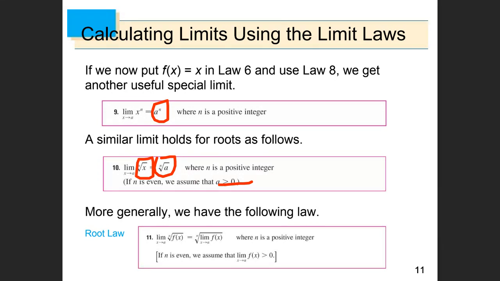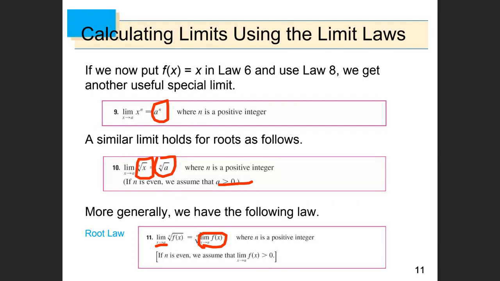And then for the root law, this one is also very, very important, guys. This one here, rule number 11. The limit as x approaches a of the nth root of a function is the same as the nth root of the limit. So I can take the limit inside the root, provided the limit exists and provided that that limit is actually greater than 0.